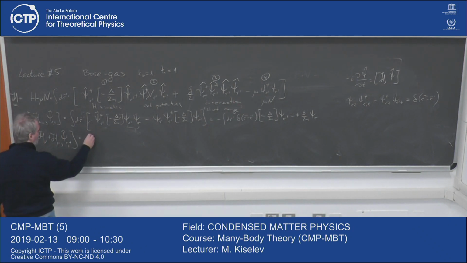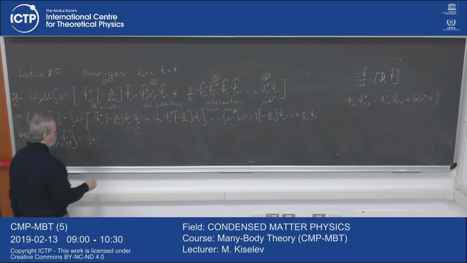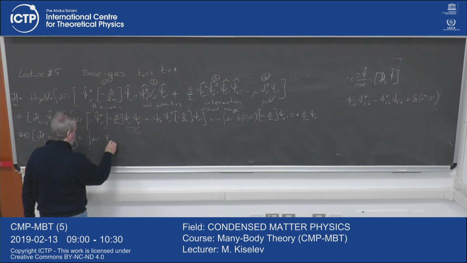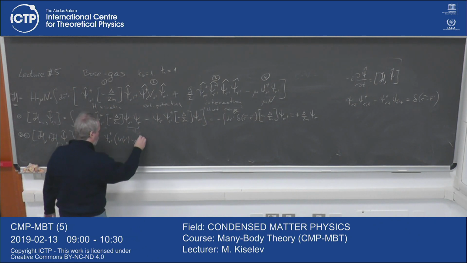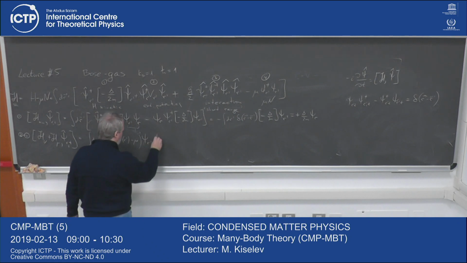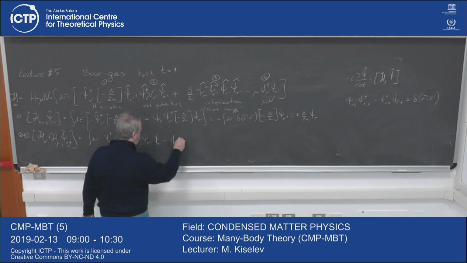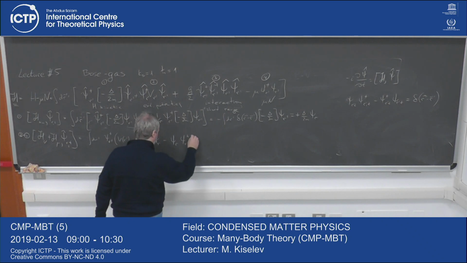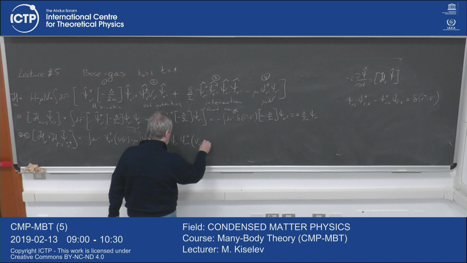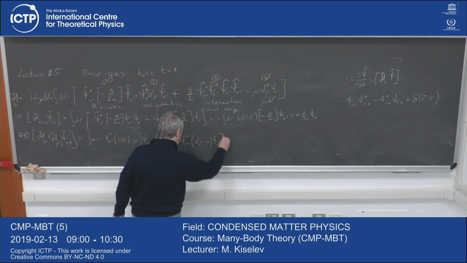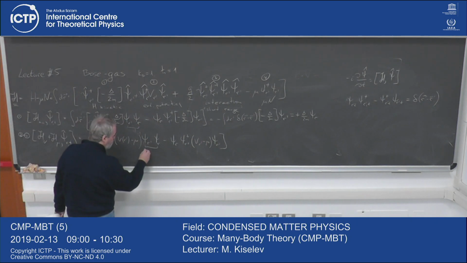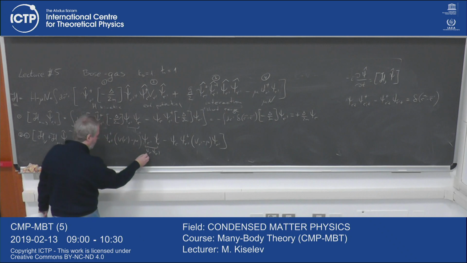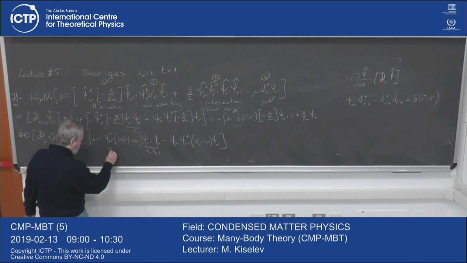So what I have here is dr prime. So this is psi dagger(r prime) V(r prime) minus mu psi(r prime) psi(r) minus psi(r) psi dagger(r prime) V(r prime) minus mu psi(r prime). Again, I can interchange this psi(r prime), and what remains is psi dagger(r prime) psi(r).